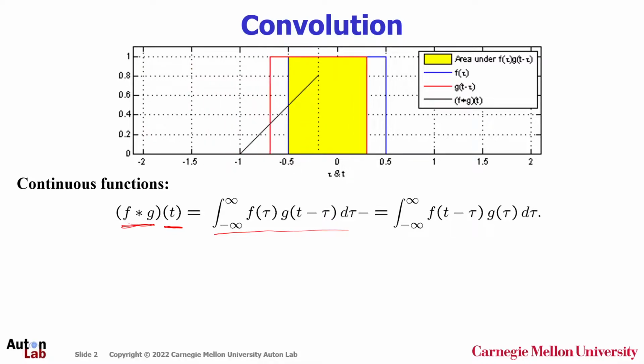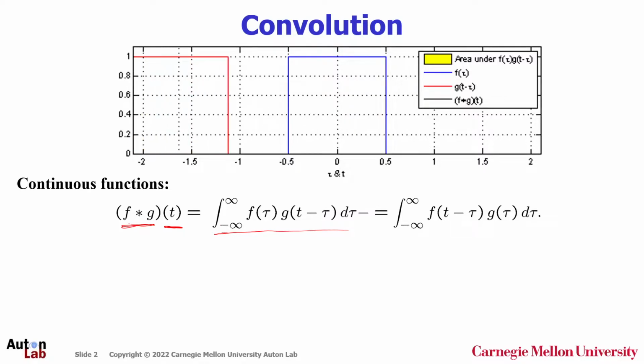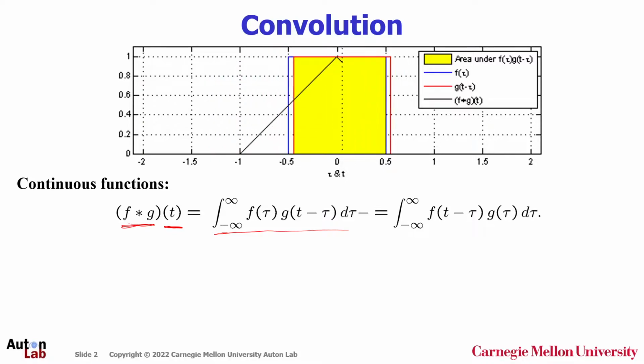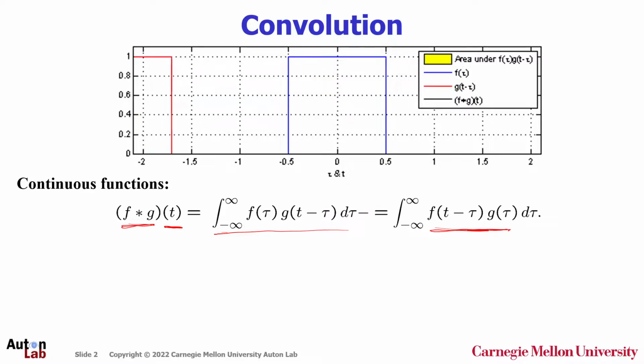We integrate f(tau) times g(t minus tau) with respect to tau on the whole domain. You can also prove that this integral is exactly the same as integrating f(t minus tau) times g(tau) with respect to tau.